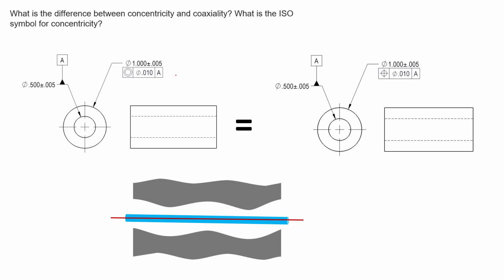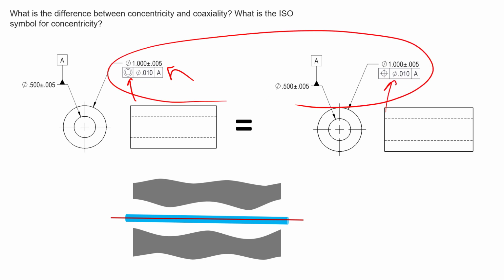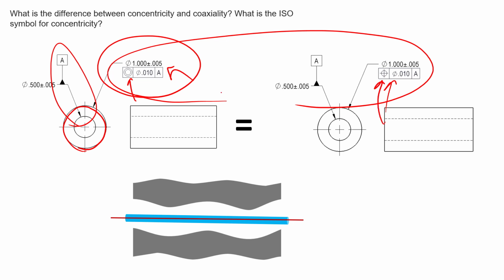The symbol with the two circles here has the exact same interpretation as position would if you used that symbol instead. These two drawings are interpreted the exact same as far as ISO standards are concerned. They recommend doing this, however, because our datum axis is coaxial or concentric to the feature we're controlling. It's perfectly legal to use position, just more recommended to do this in the ISO standards.